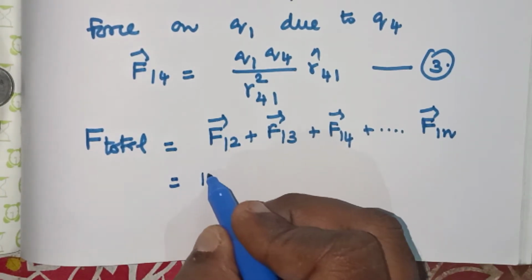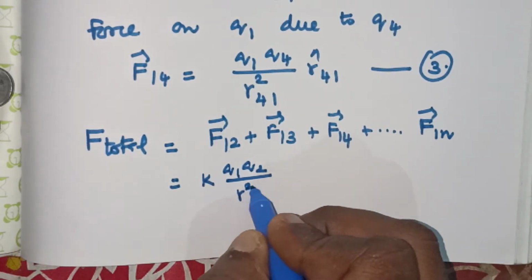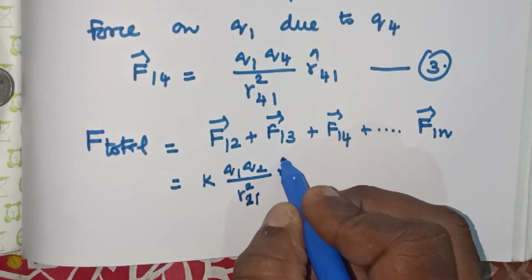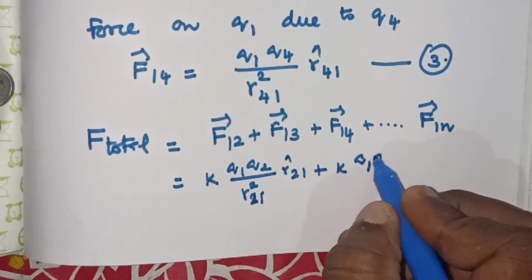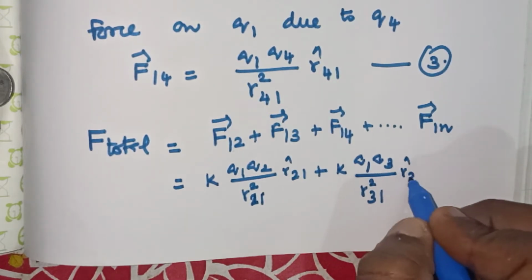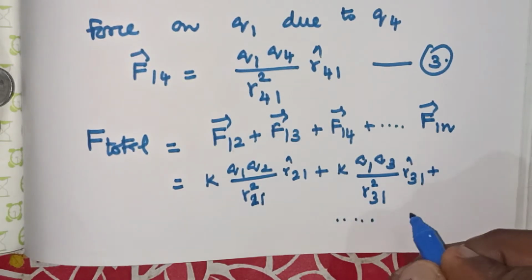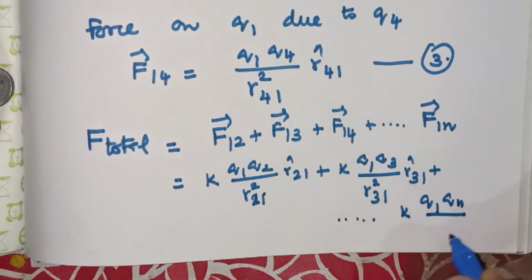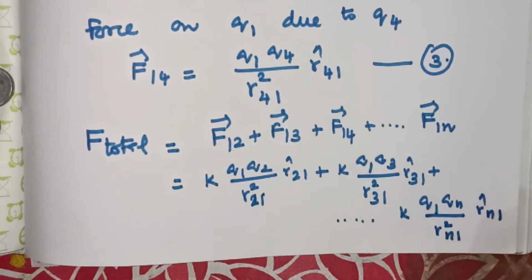what is F12: K Q1 Q2 by R square 21 R cap 21 plus K Q1 Q3 divided by R square 31 R cap 31 plus etc. K Q1 Qn divided by R square n1 R cap n1.